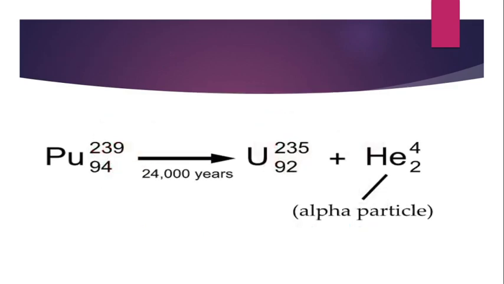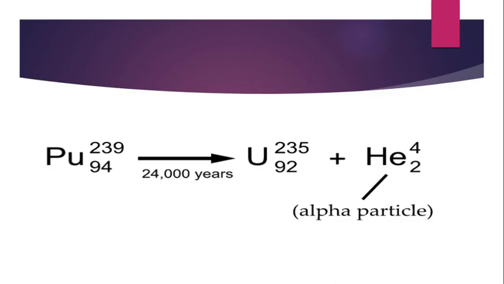For example, plutonium with Z 94 and A 239 will undergo alpha decay. That means He2 alpha particle is emitted so that the mass number is decreased by 4. So 239 becomes 235 and the atomic number 94 is decreased by 2, that is 92.